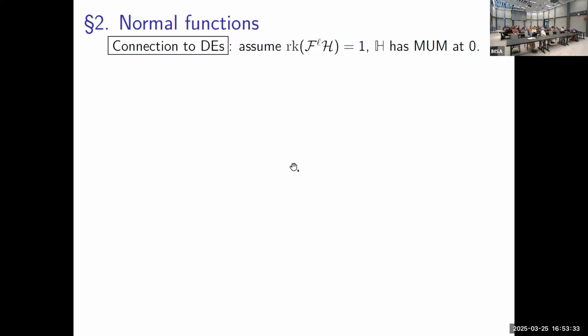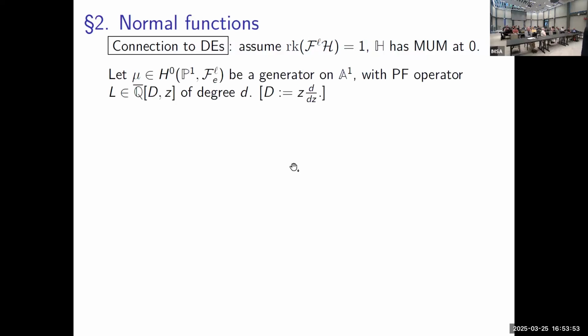So I have a Hodge line. And also assume that each local system has maximal unipotent monodromy at 0. Okay. So the limit mixed Hodge structure is Hodge-Tate. So think of this as like a Calabi-Yau variation. Leading Hodge number is 1.